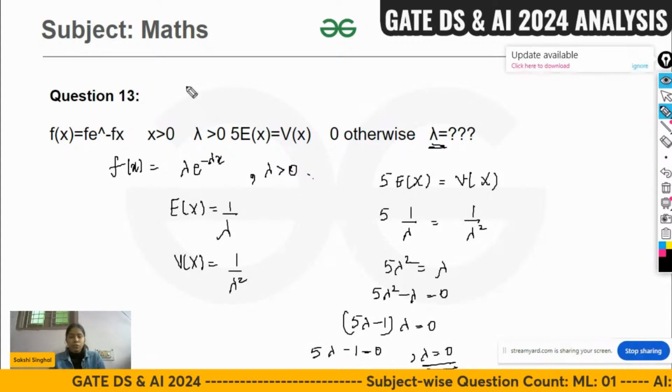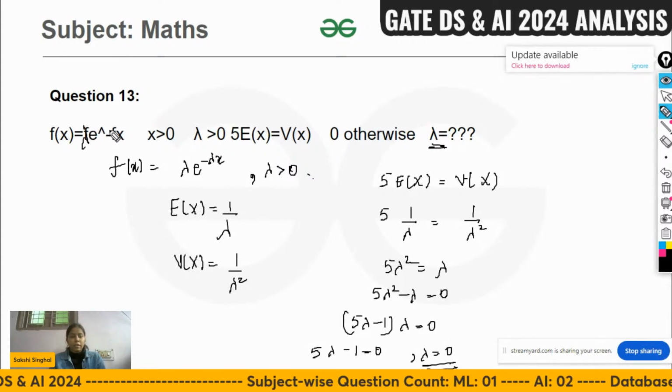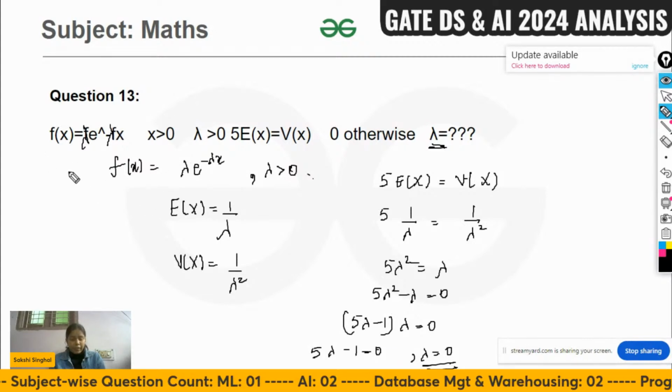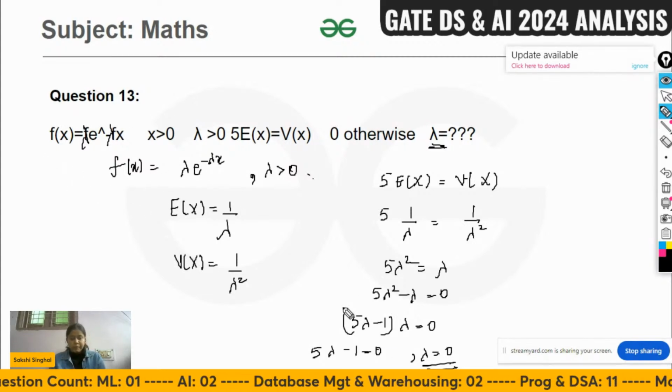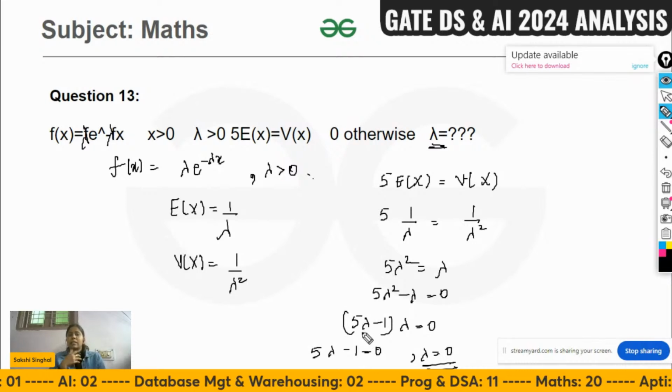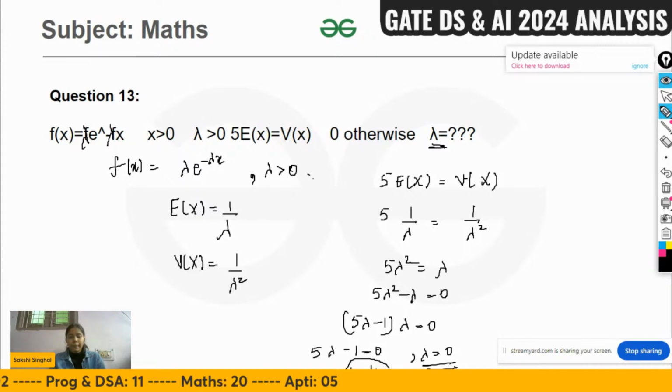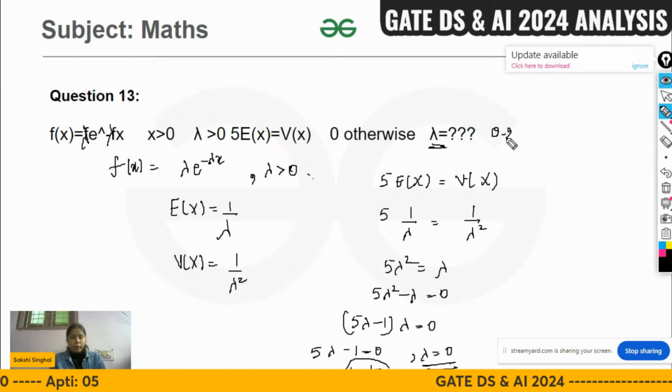But lambda equal to 0 is not possible, because if I put lambda equal to 0, the complete function would become 0, and I do not want that, because this is my density function. So here lambda would be 1 by 5, right? So that means 0.2 would be your answer.